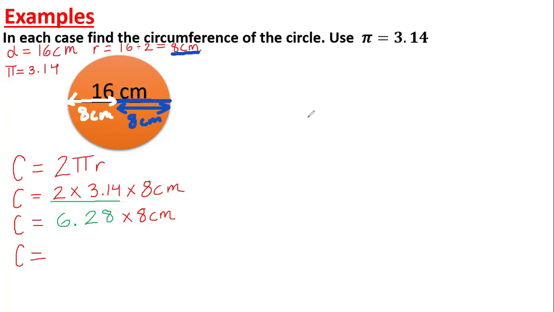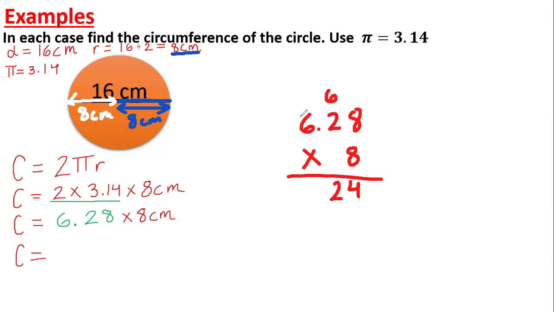Yes, sir. Okay, so 6.28 multiplied by 8. We know 8 times 8 is 64. Put the 4 down, put the 6 above. 8 times 2 is 16, plus 6 is 22.